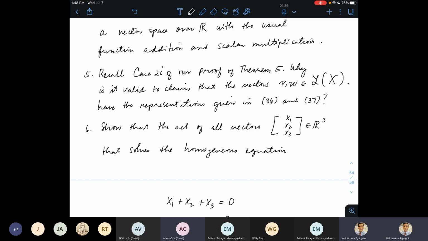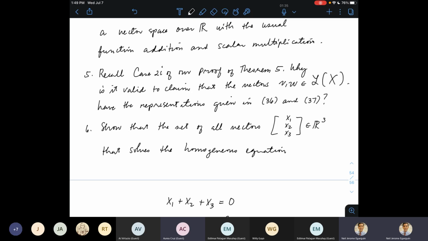But the way I wrote them in 36 and 37, I wrote them as linear combinations of the same elements, just with different scalars. But in the definition of a linear combination, it is not required to use all the elements, and it is not required that the elements be the same. But why was I able to write V and W as a linear combination of the same number of elements of X?